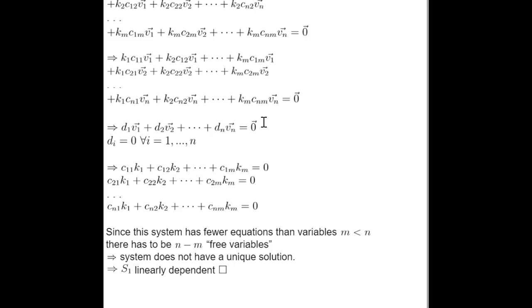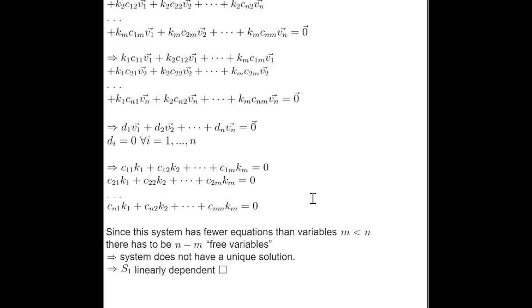Now, S is a basis. The v's are the vectors in S, which means that d1, d2, dn all have to equal 0 because it's linearly independent, because it's a basis. Which means that each of those d's is equal to 0.